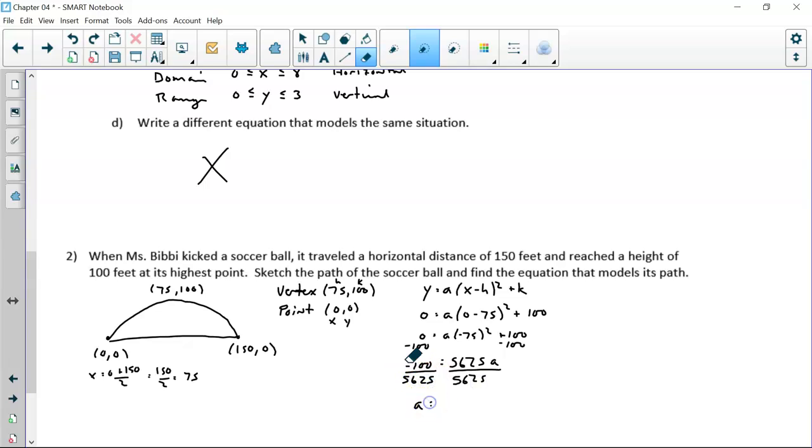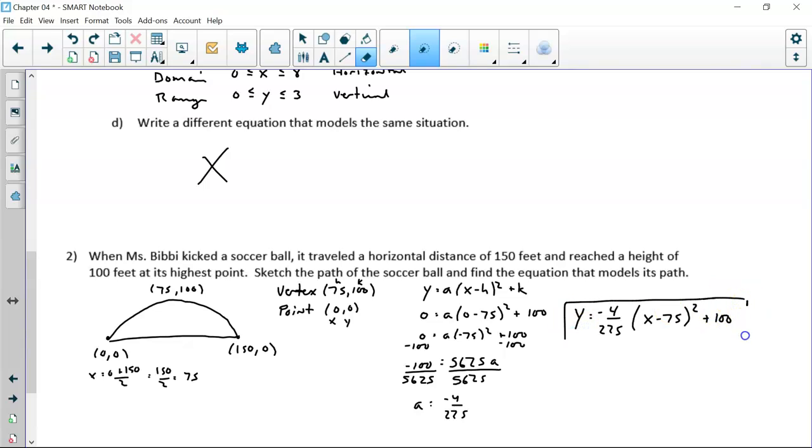So a equals, and you can reduce this by 25, negative 4 over 225. That's our value for a. So our equation is y equals negative 4/225 times (x minus 75) squared plus 100.